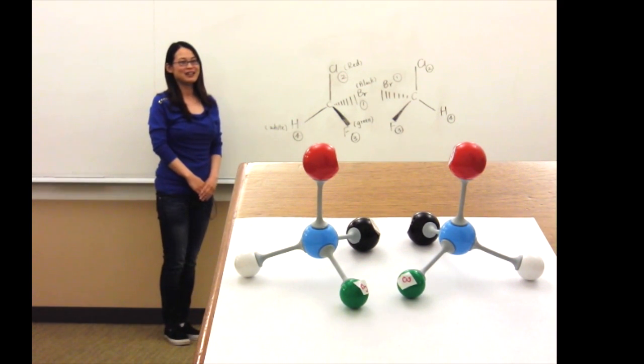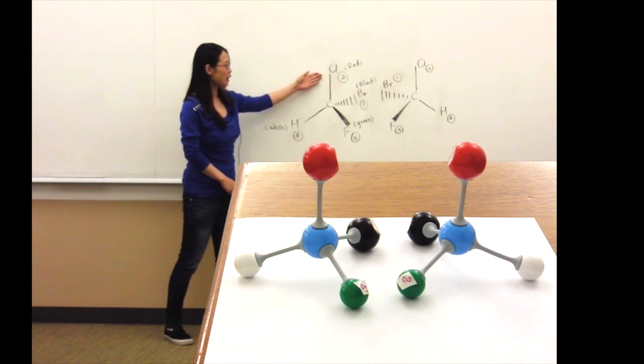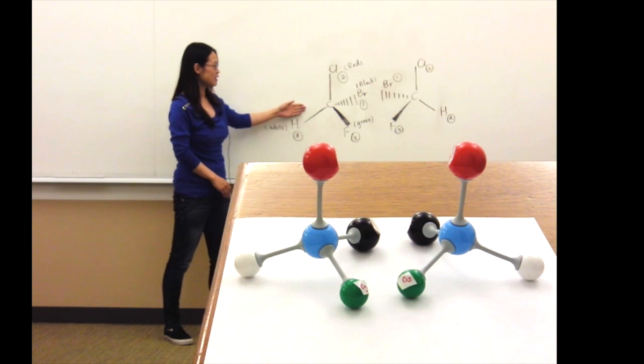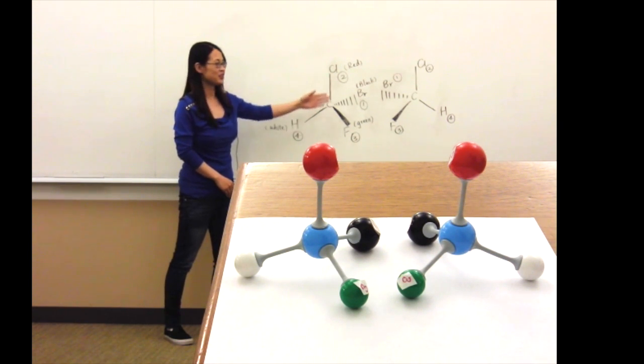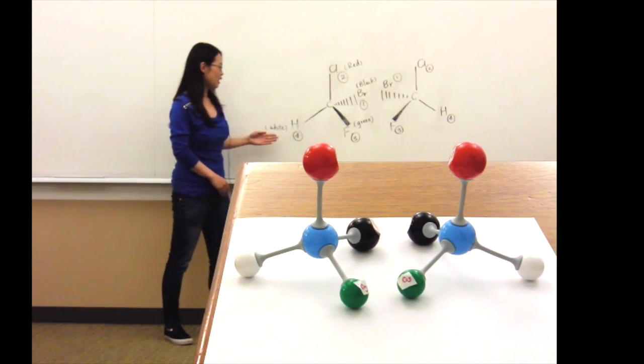But before that, there is something in chemistry we want to know. This black solid line means that this functional group and this functional group are on the plane of this board, just like the red one and the white one in your ball and stick model.